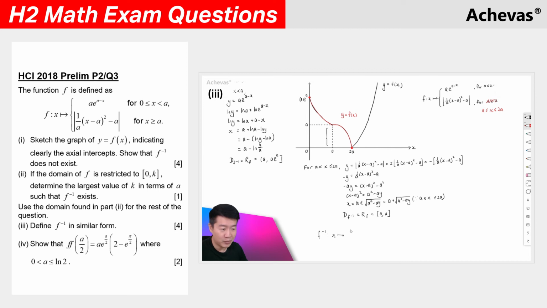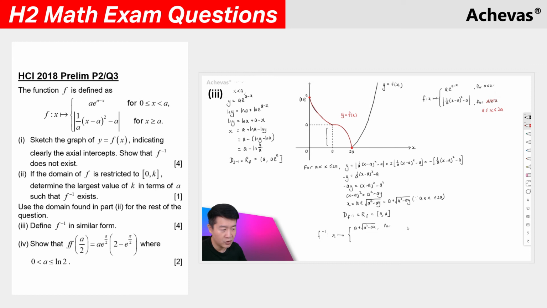For the expression of f inverse, we know it is going to be two portions. One is going to be this, where the domain is from 0 to a. So I'm going to write this first, since I will go from 0 to a, then a to a e to the power of a. So let me write this as the expression for f inverse. I'll write it as a plus square root of a squared minus ax.